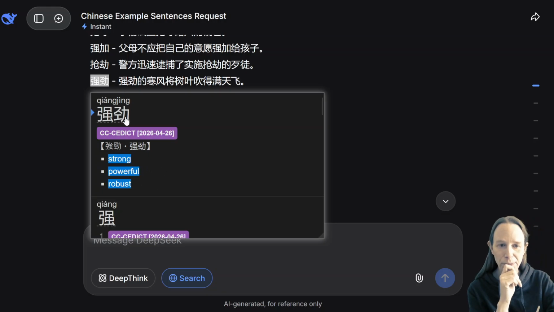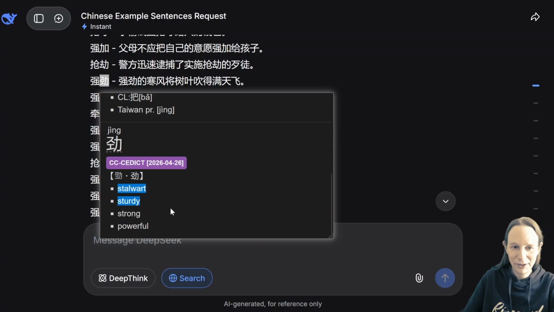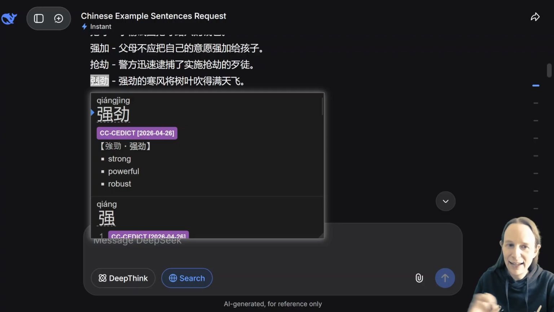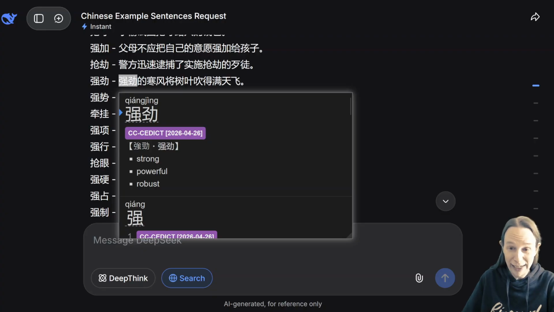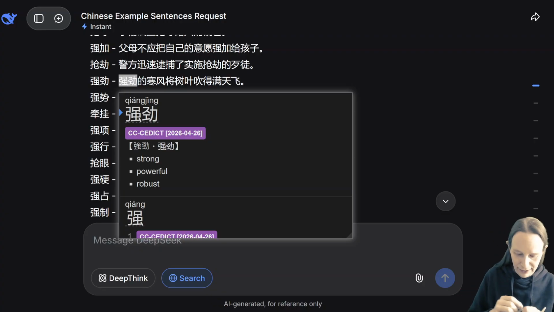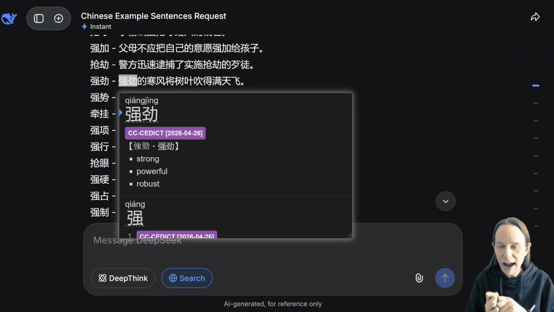劲. Okay, there is another pronunciation. Okay, 强劲的寒风将树叶吹得满天飞. All right, so strong wind. 强劲. It is in the dictionary. So the dictionary says 强而有力, strong and powerful. 强劲.